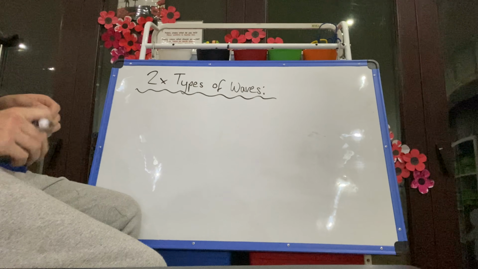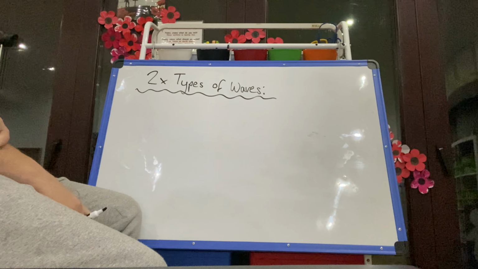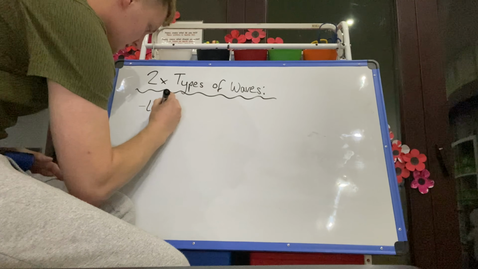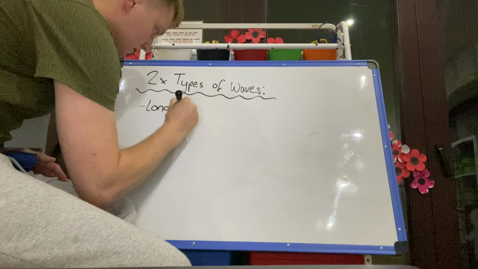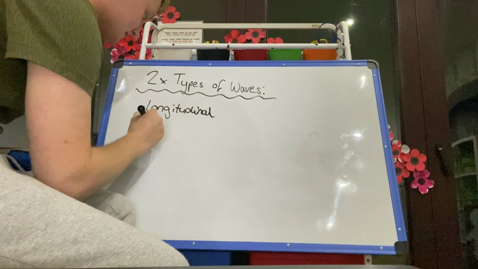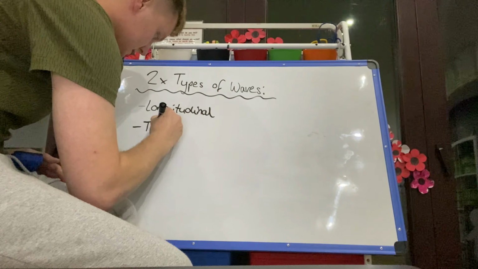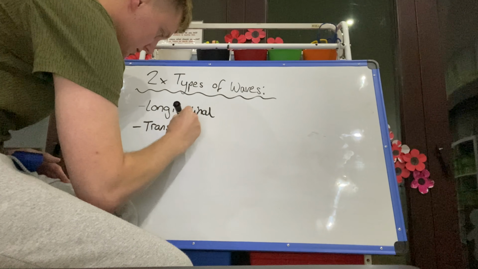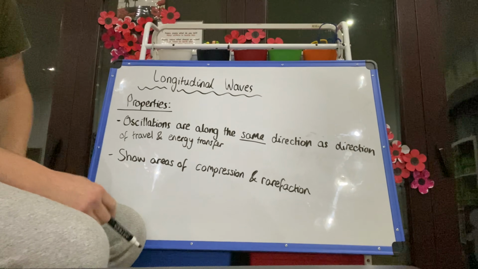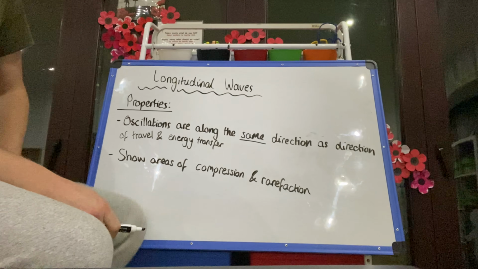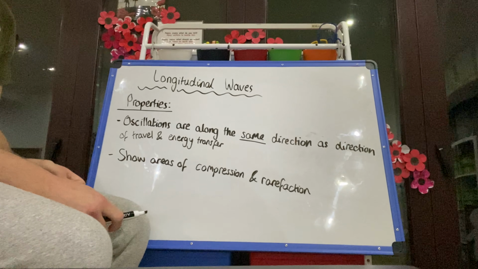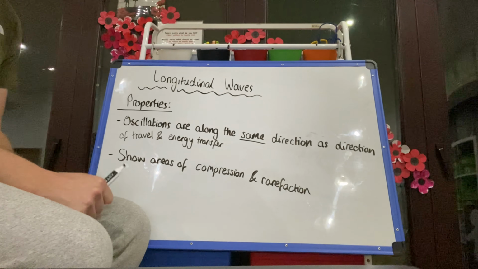So now we are actually going to diverge into 2 different types of waves. The first one is longitudinal waves, and the second type of wave is transverse. Longitudinal waves are waves where the oscillations are along the same direction as the direction of travel and energy transfer.